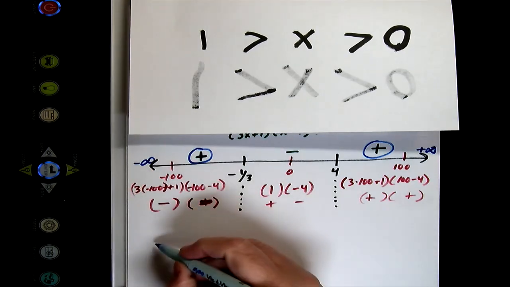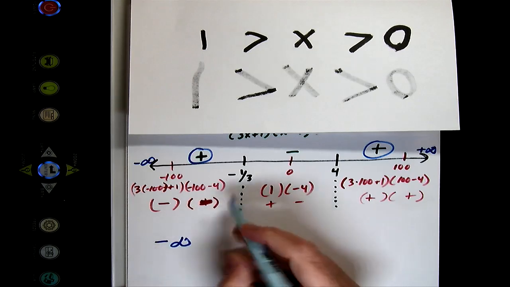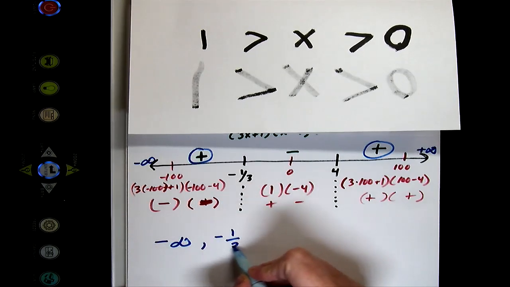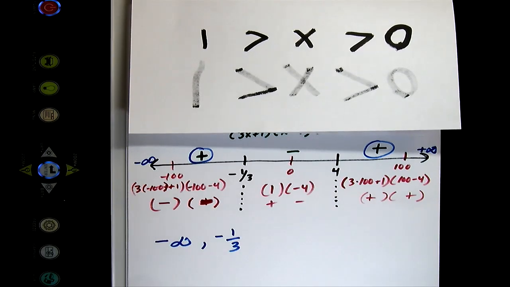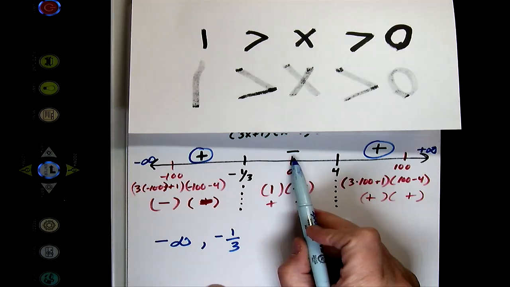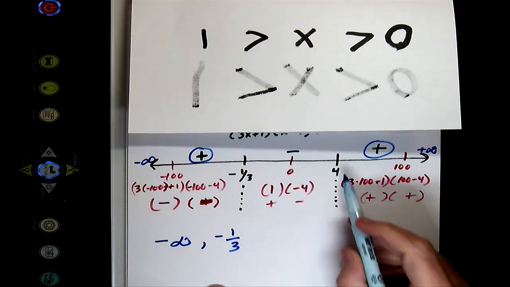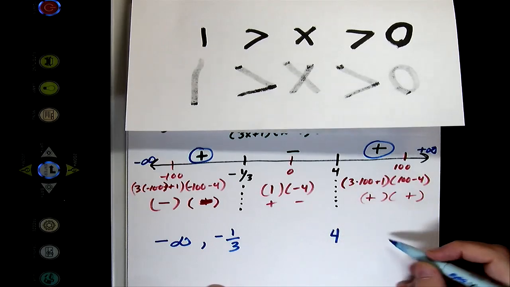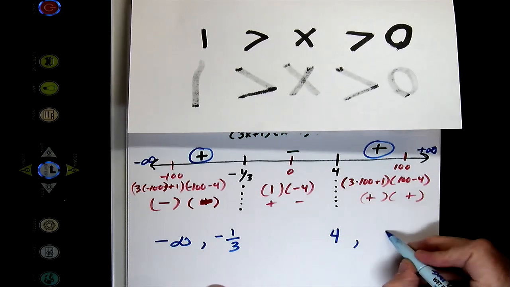It's in the positive region, and I go all the way up to the negative 1/3 and I stop. I don't have anything in the negative region, so I don't do anything, and I come over here and hit the positive region again, starting at 4. And that goes all the way on to positive infinity.